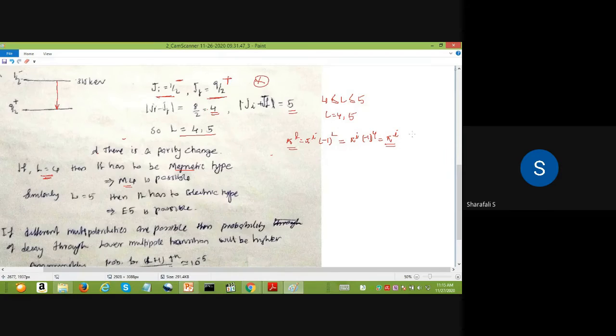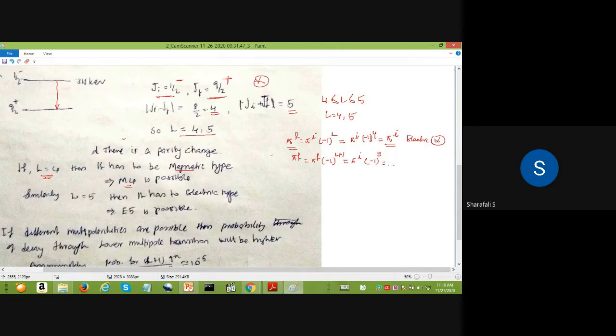So this is for the electric case. So electric will not go. Electric is not valid. Now we have to go for the other case, for magnetic, minus 1 all to the power L plus 1. Then you will get pi I. If this is odd, then it means that there is parity change. For quick calculations, L plus 1 is 4 plus 1, which is 5.